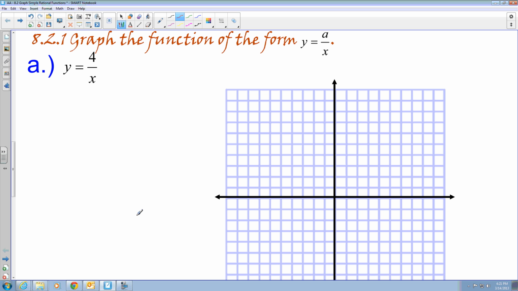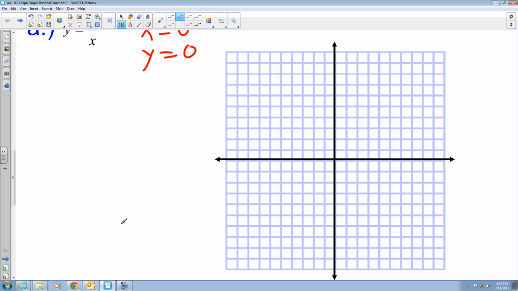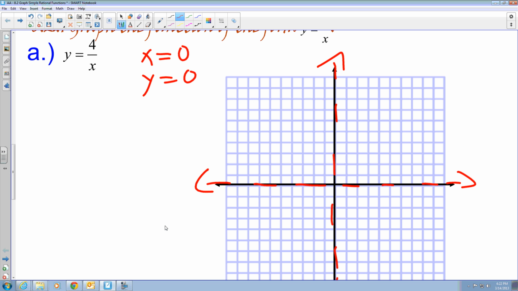In this case, it's still going to be x equals 0 for the vertical one and y equals 0 for the horizontal. So I'm going to, again, put my dotted line here. The red dashed lines represent our vertical and horizontal asymptotes.